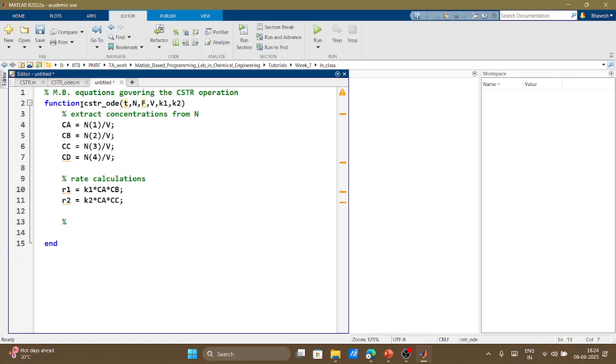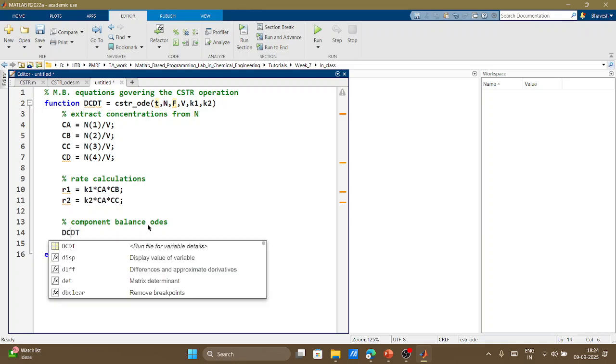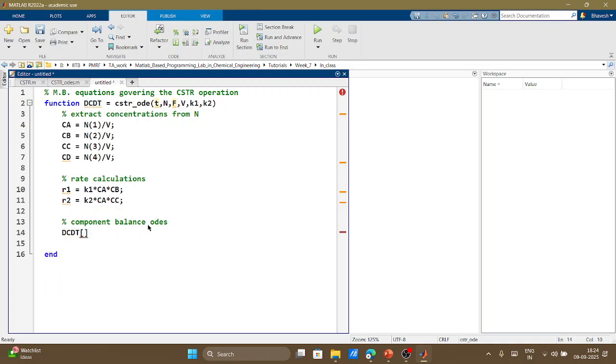Let me call this variable dc by dt, which is a better term. These are the component balance ODEs. So first, dc by dt will contain the information for all the components, right?